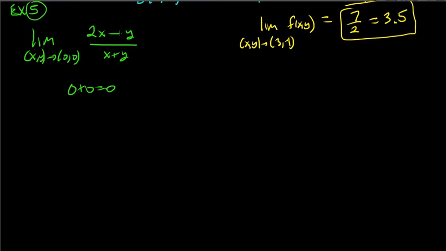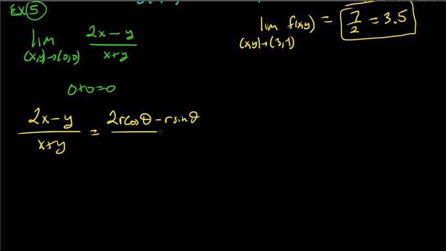Well, you can do the same thing we did before, use polar coordinates. And I think you kind of get a mess here. Essentially, the r's will cancel out, and this will depend on theta, right? So if we convert to polar coordinates, we're going to get some rather complicated expression, right? 2r cosine theta minus r sine theta all over r cosine theta plus r sine theta.